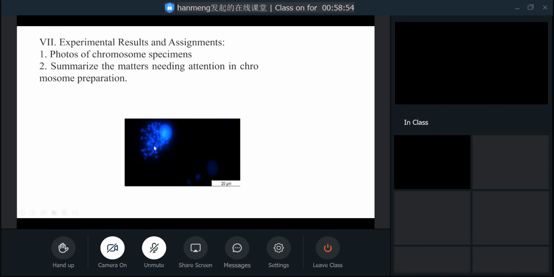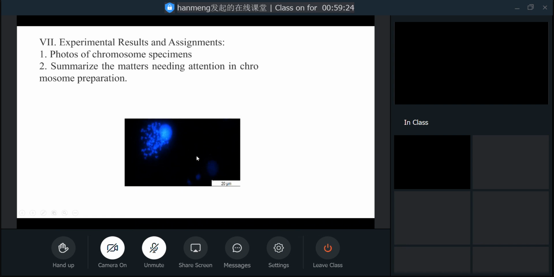But because our fluorescent microscope has no 100 times magnification, I used 40 times magnification to observe the chromosome. So in this picture, you can see the chromosome, but can't see them clearly.